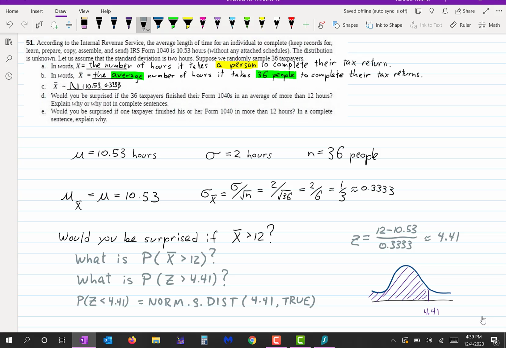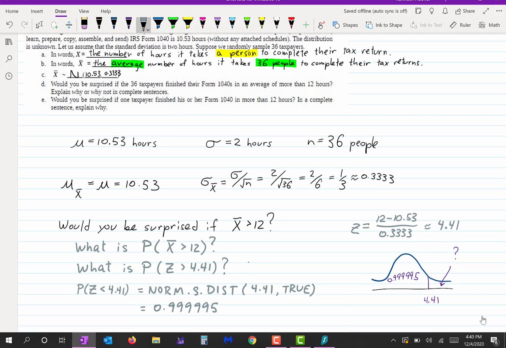Okay? And that came out to be 0.999995. That's what this area here is. So what is this area?